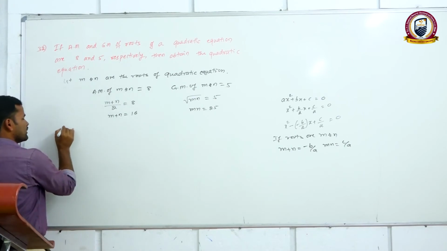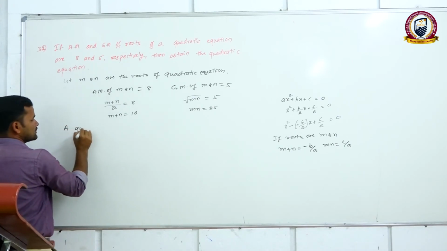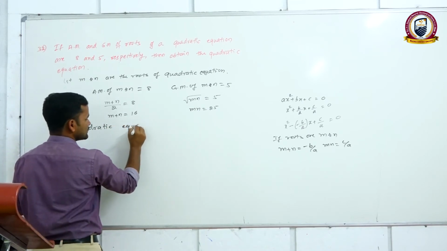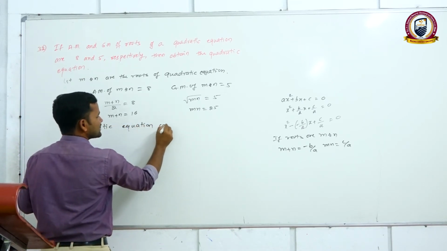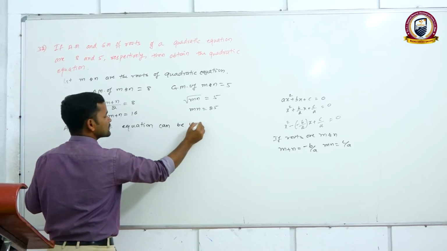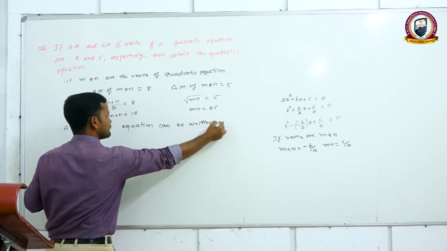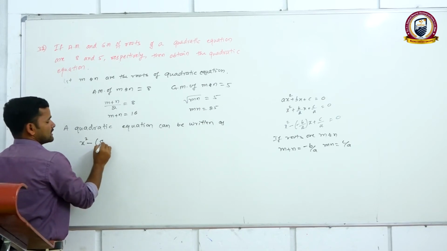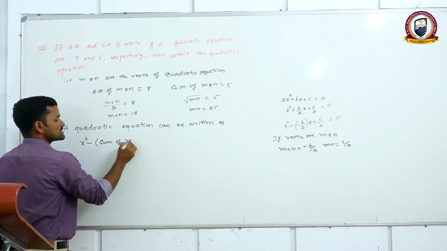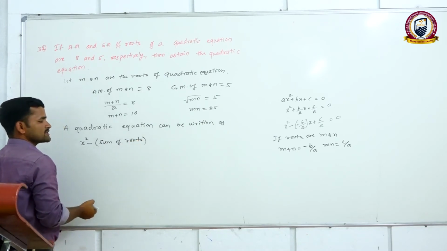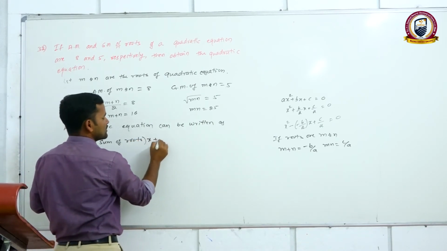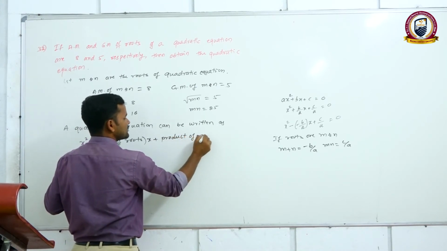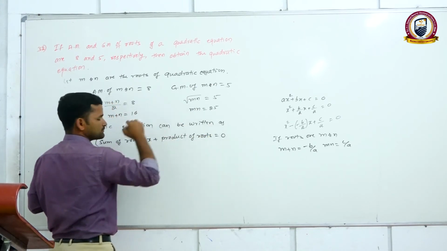Okay, we have the quadratic equation can be written as x square minus of sum of roots into x plus product of roots equal to 0.